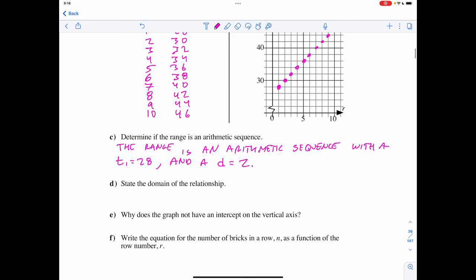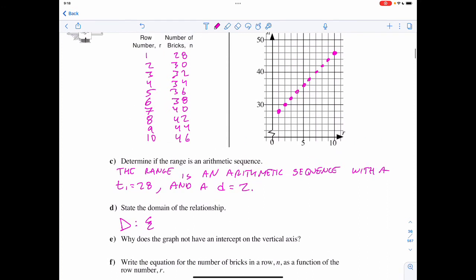What is the domain in the relationship? Well, the domain in this case is represented by R, where 1 is less than or equal to R, which in this case went up to 10, where R is an element of natural numbers.